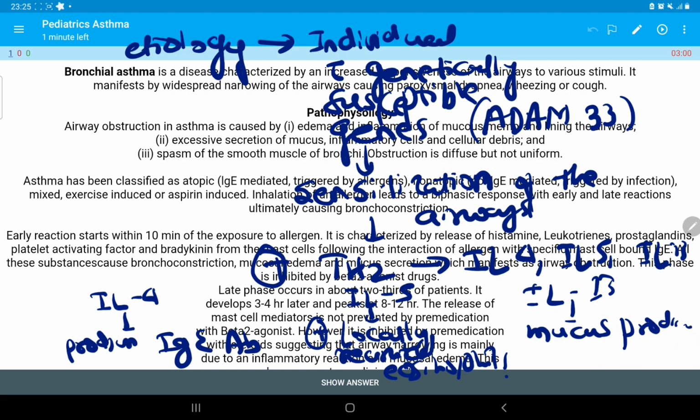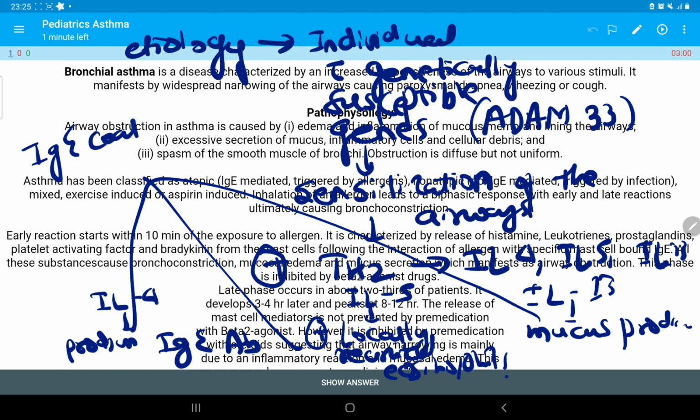So these three things lead to the final step. The IgE becomes coated on submucosal mast cells.